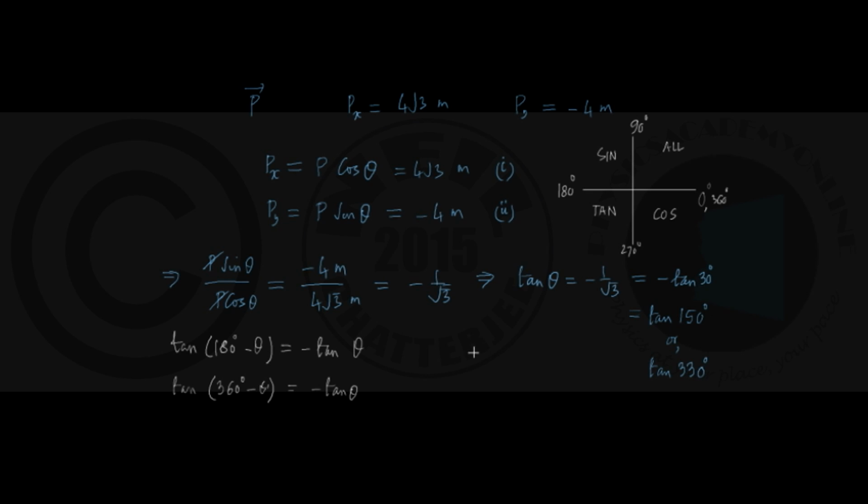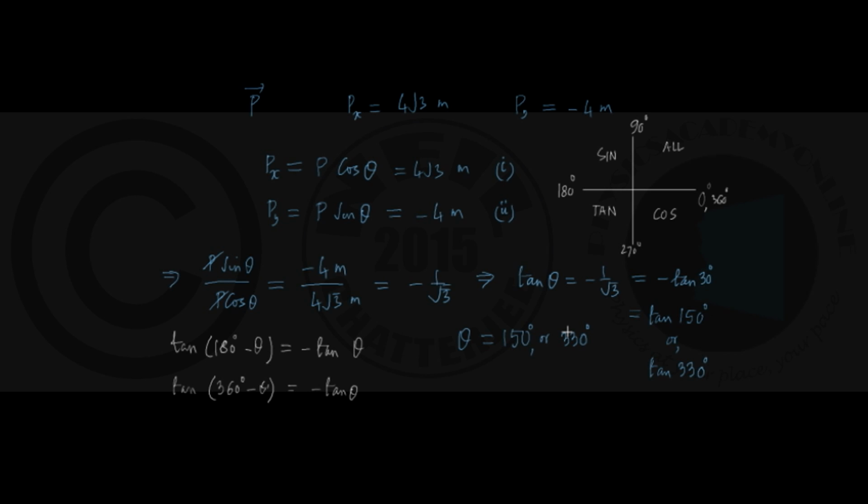So we have to choose the value of theta between two possible values. One is 150 degree or the other is 330 degree. We are in a dilemma. We don't know till now, without the figure, if the angle made by the vector P with the plus x-axis, measured anti-clockwise, is 150 or 330. Second quadrant or fourth quadrant.